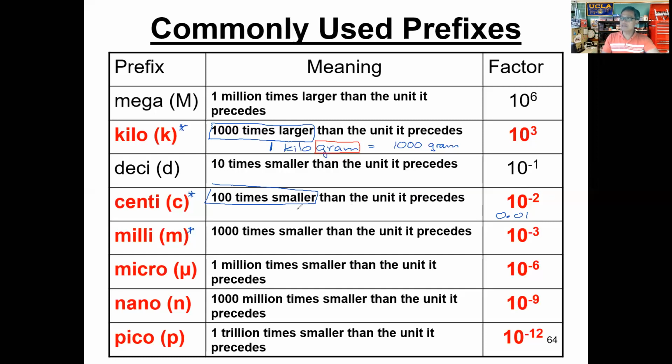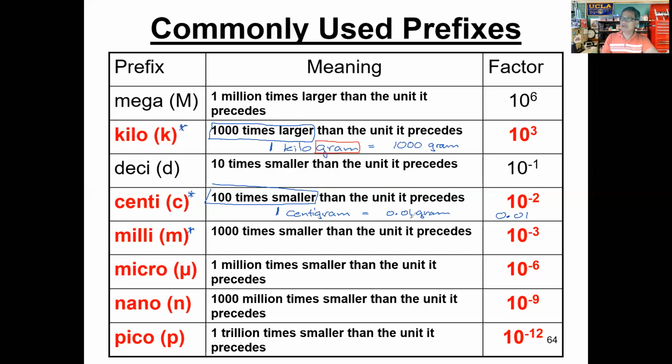So if we add the prefix centi in front of the gram, that represents a unit that is 100 times smaller. It's going to be 0.01 grams. So the centigram is a smaller unit than the gram, and how much smaller? It's only about a hundredth of a gram.